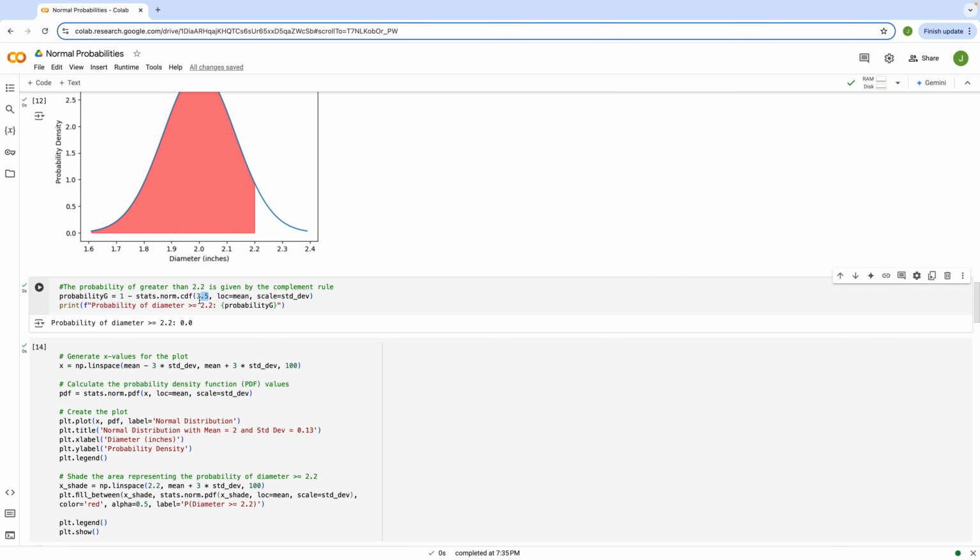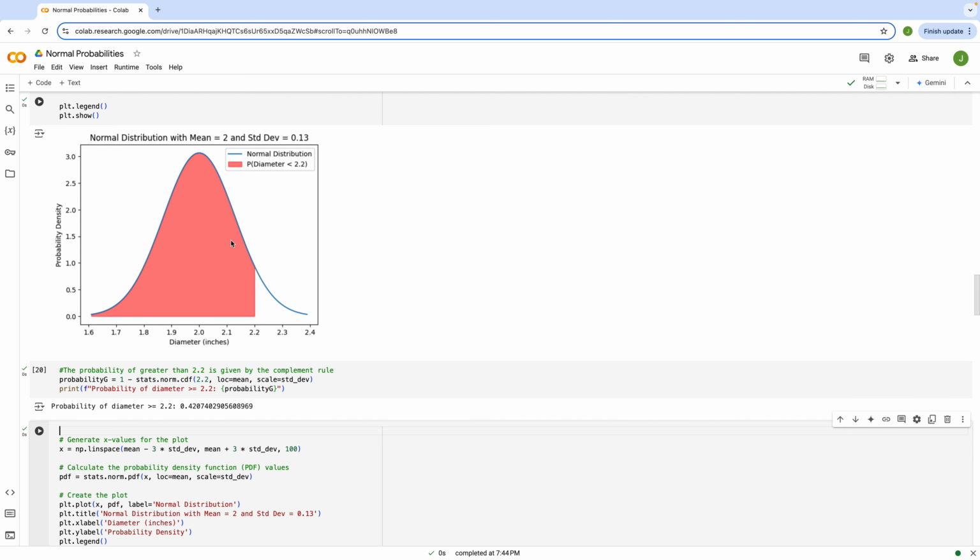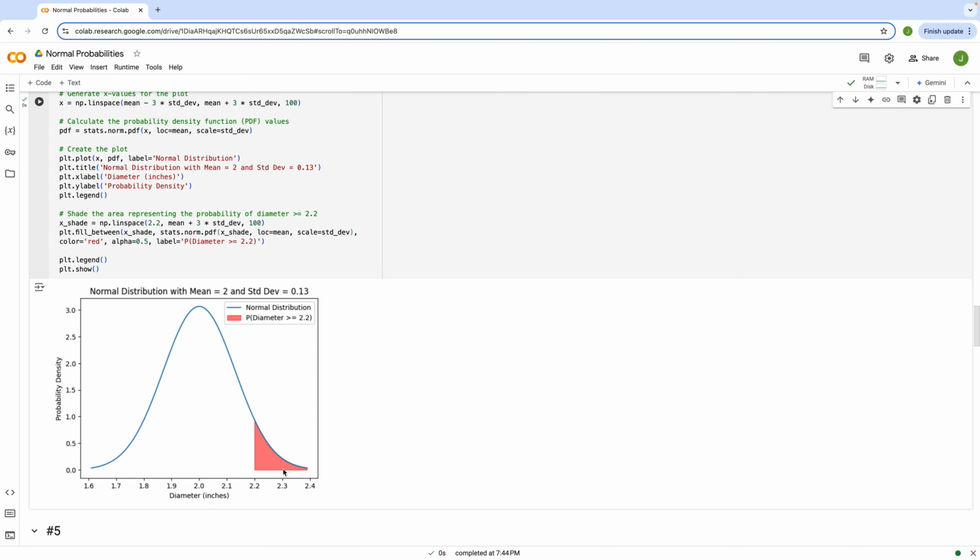So let's adjust this CDF so that it's correct, 2.2, and this should be 0.13. We should get the 6% there. Okay, so this shaded area corresponds to 6%.